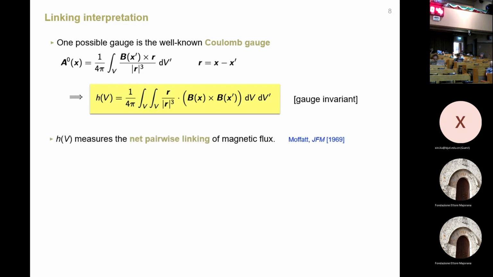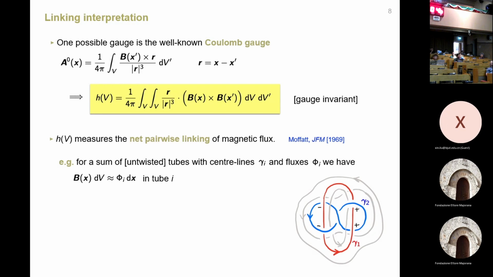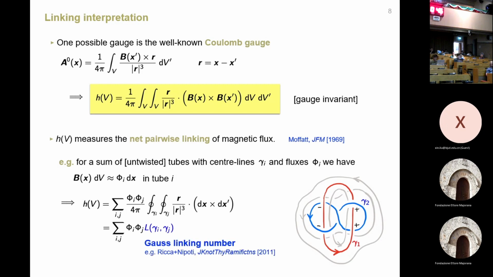Why does this correspond to linking? It's basically the Gauss linking number in disguise. If you had, for example, a family of closed magnetic flux tubes without any twist, then you could rewrite the helicity as a sum over those tubes of the flux times this remaining integral, which is precisely the Gauss linking number. We've seen this more than once already this week.